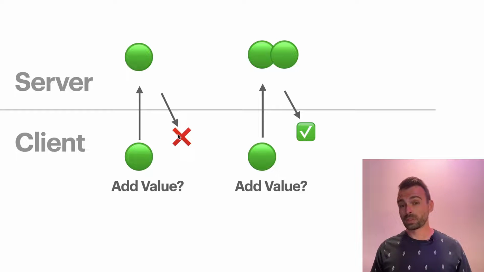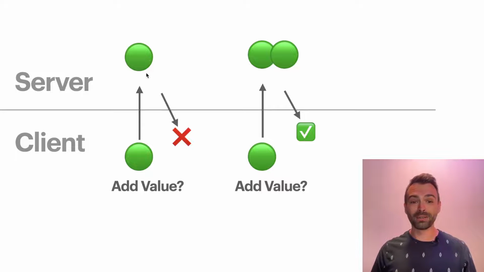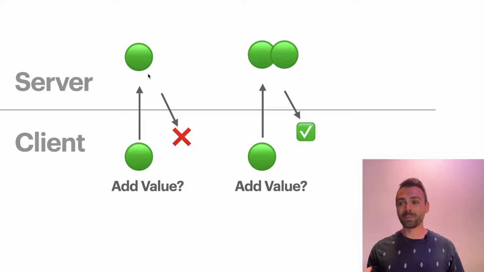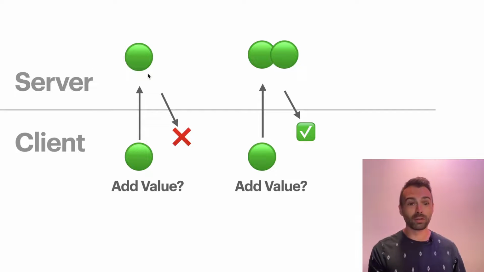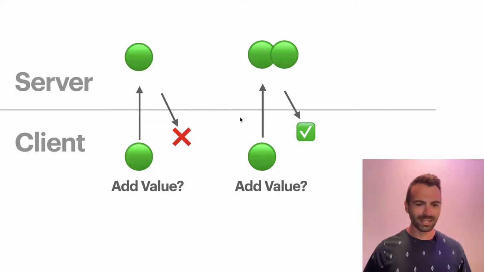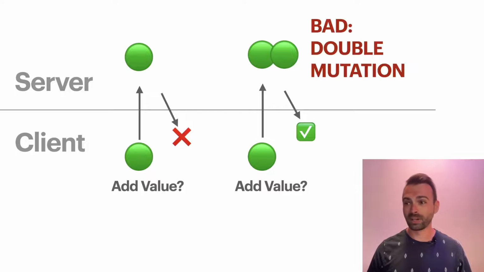It's possible that the server has accepted this new value and that the error has happened somewhere in between the server's response and you getting that response. So we need to handle this case better, because this is a problem. We've gone and created a double mutation. Now there's 2 values on the server when we only meant to create 1.